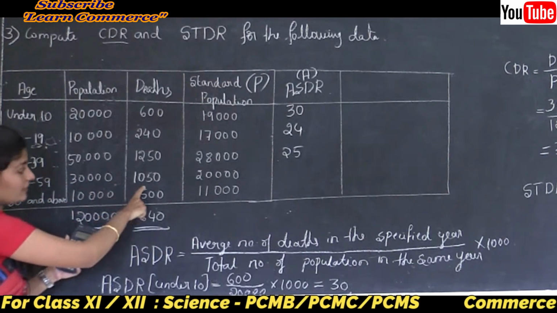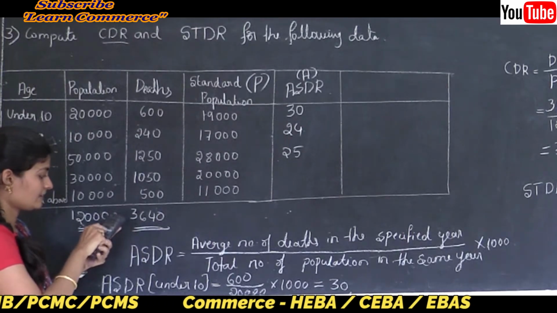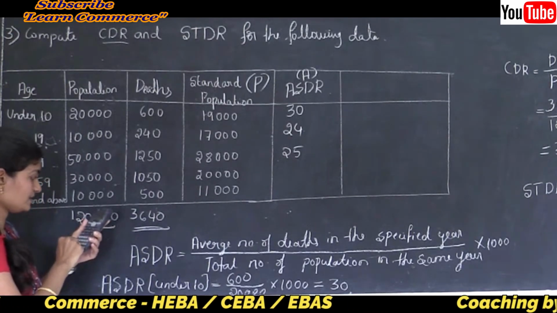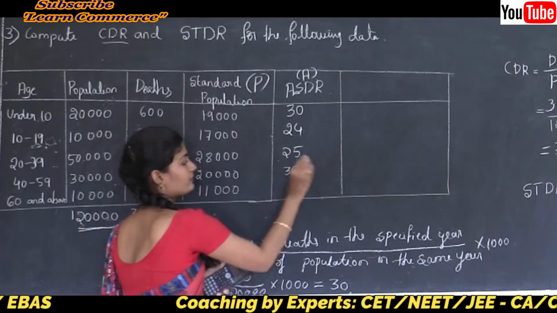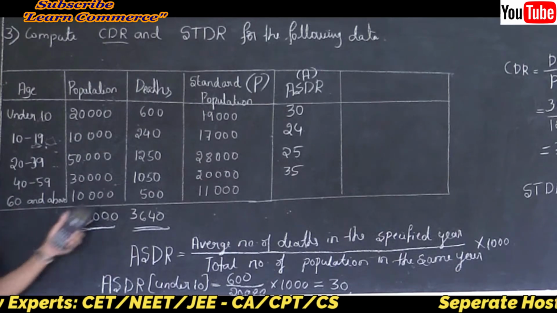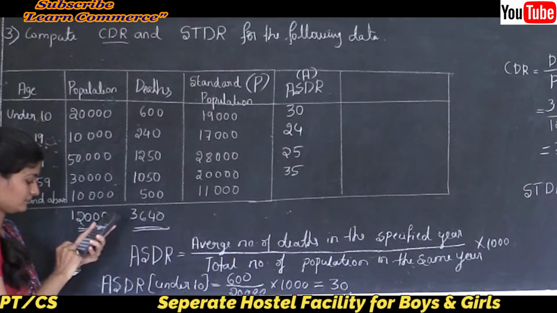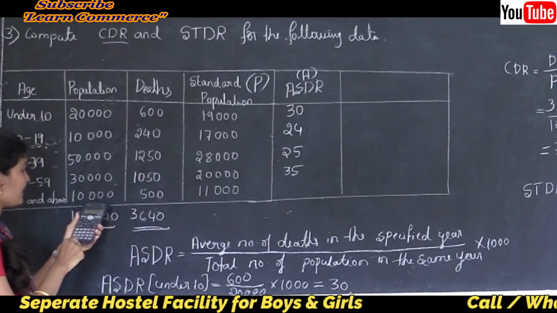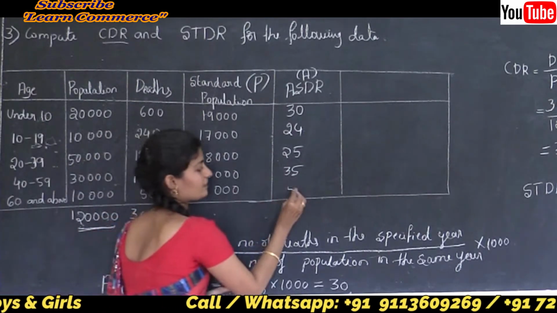Here average number of deaths 1050 and population 30,000 into 1000, that is 35. Next, the specified year 60 and above. Here deaths are 500 divided by 10,000 into 1000, that is 50.